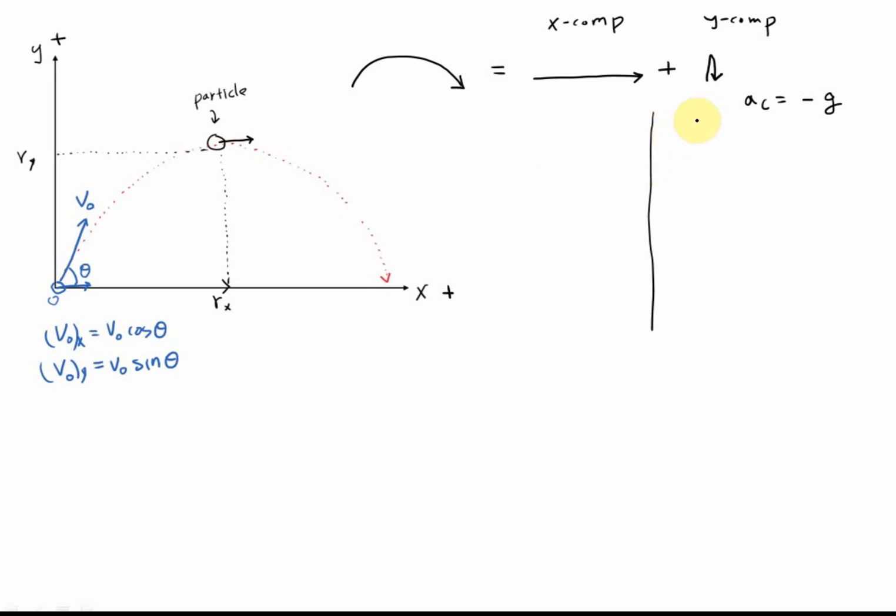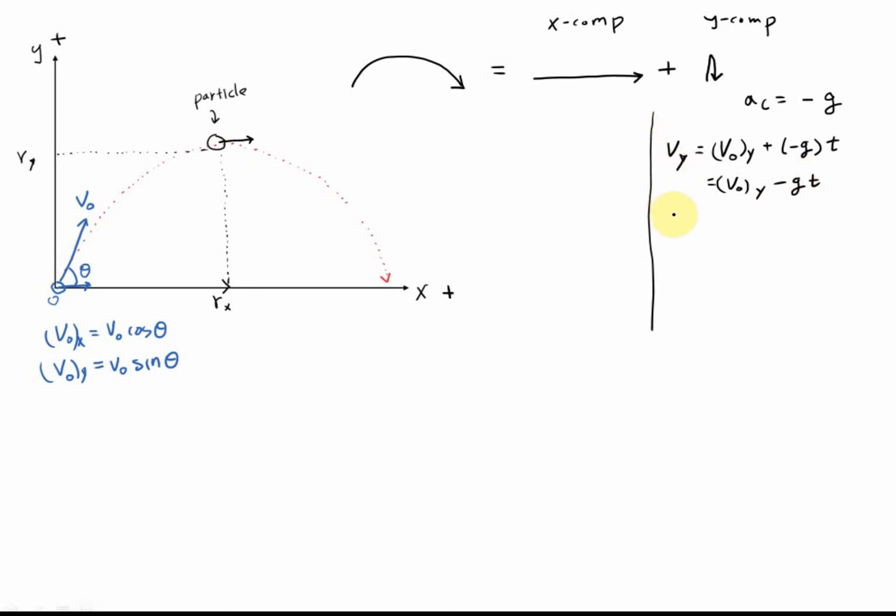Then if you apply this information, what should my y directional velocity be? The y directional velocity is equal to the y directional initial velocity plus a t, but our a is negative g, so that's why we got minus gt.